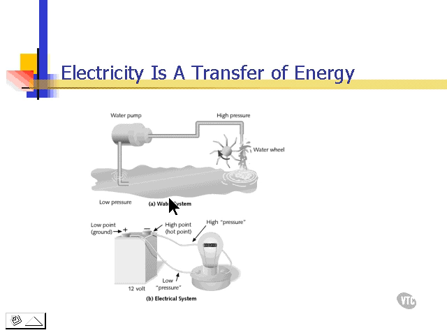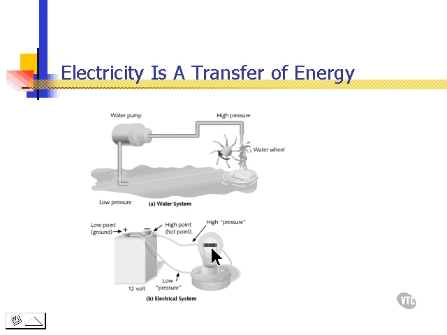The same thing happens with a battery and a light bulb in this example of electricity. Although we can't see it, it's a transfer of energy. And as the high pressure energy goes across the filament of the light bulb, it causes that filament to glow, which then burns the energy or transfers the energy into the filament, and then the battery recharges the system and it all happens again.